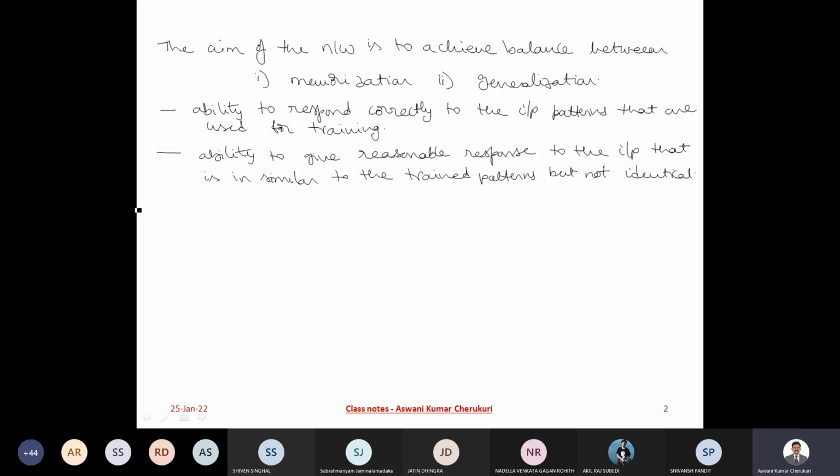You give the first input, say 1 1, you get an output 1, and then the second input pattern, third input pattern, fourth input pattern. Remember, in step 1 you present one input pattern and modify the weights. With the modified weights you present the second input pattern and modify the weights.